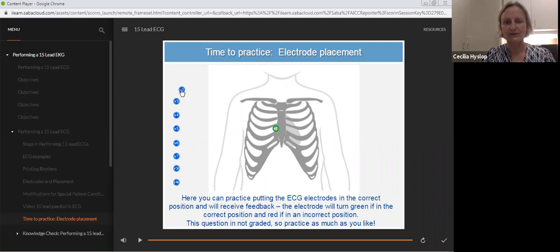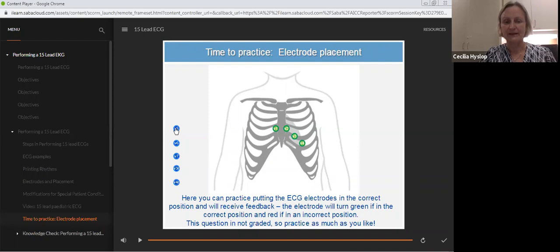I'm going to move V2 into the fourth intercostal space, left sternal border. Then I'm not going to do V3. I'm going to do V4 next, which is in the fifth intercostal space, mid-clavicular line. Okay, and then I'm going to take V3 and insert it where it should go, which is halfway in between the two.